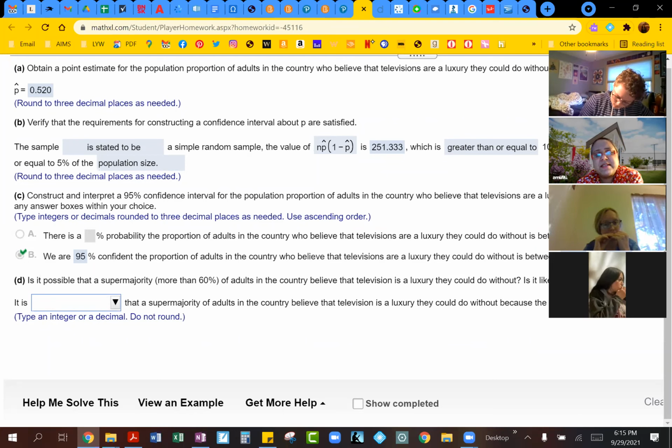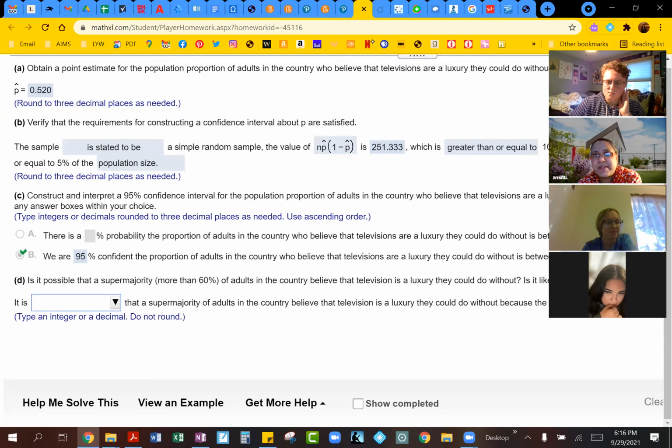They're talking about, is it possible that we can have more than 60% who believe that TV is a luxury they can do without? So just looking at that range between the lower bound and the upper bound, what do you think? Is 60% possible?